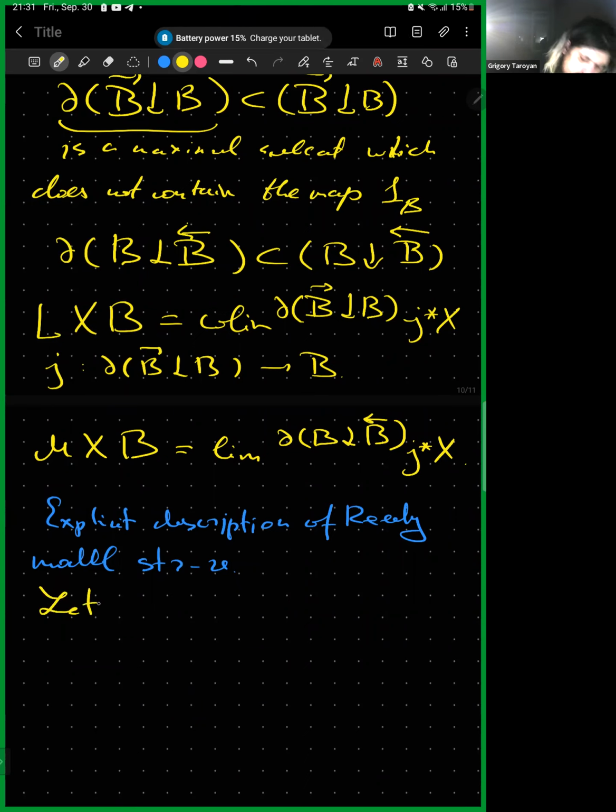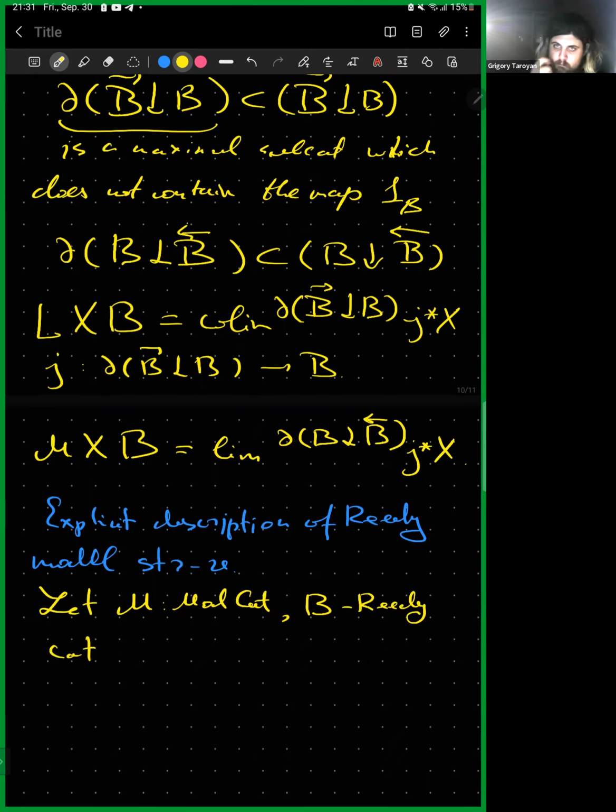So let M be a model category, let B be a Reedy category, and assume that F is a map, a natural transformation between diagrams.